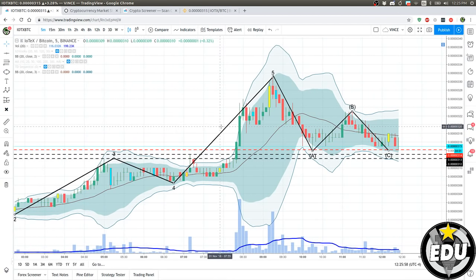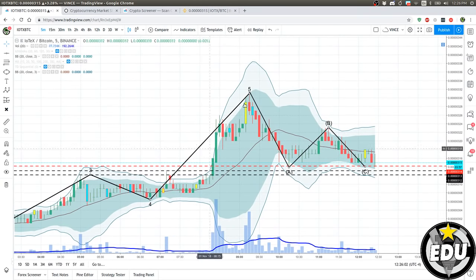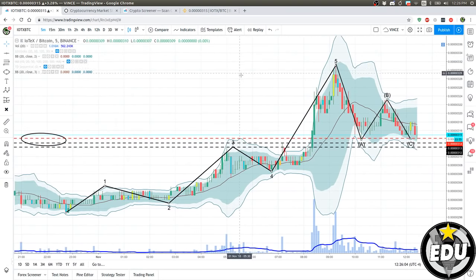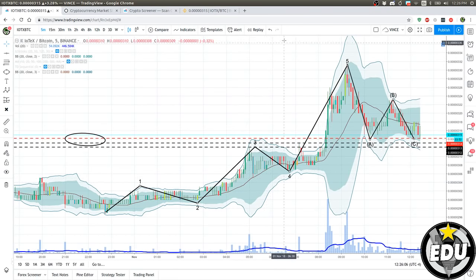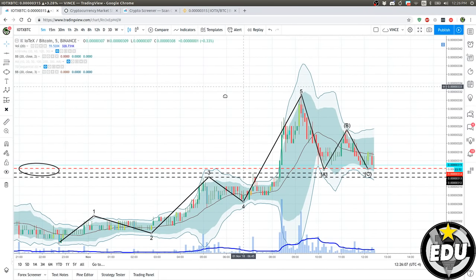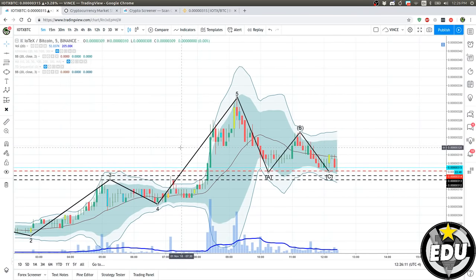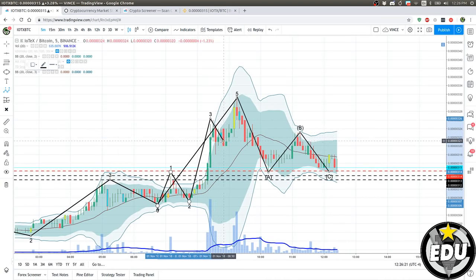Oh, there is a little Elliott wave, a sub wave inside our 1, 2, 3. You guys can see the main wave, and this was probably a good Elliott wave just because there is some kind of 1, 2, 3, 4, 5 inside that main wave, which is probably this one right there.